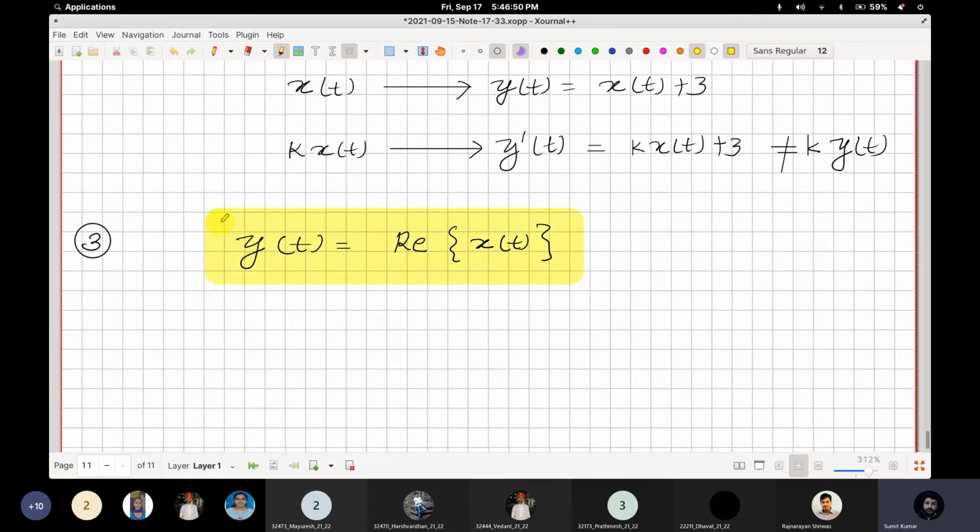Your output is equal to the real part of the input only, because the input can be complex, isn't it? Input is a signal, and a signal can be complex. So just tell me about both, whether this system is additive or not, and whether it is homogeneous or not.